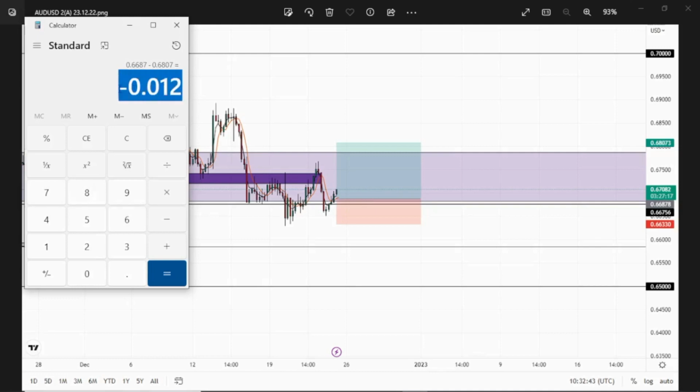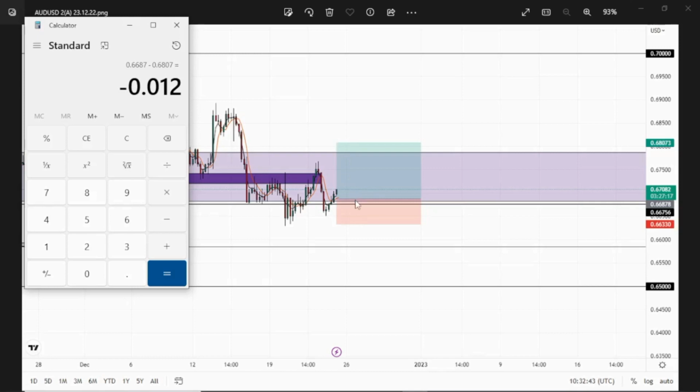This calculator automatically gives us the significant figures, so the 0 here was excluded, but it's 120. So I would be losing less to gain more.